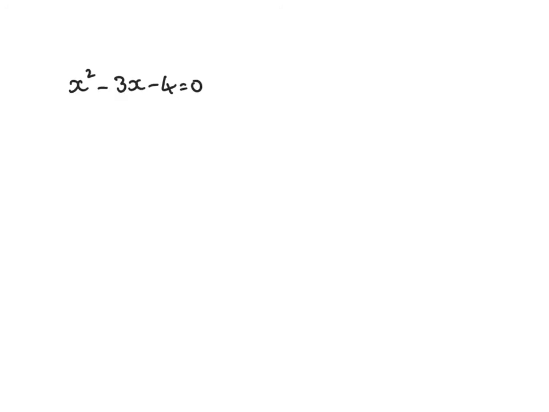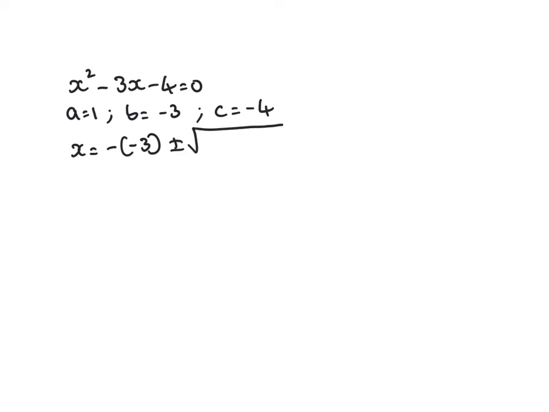So over here, a is 1, b is negative 3, and c is negative 4. So we can apply the quadratic formula: x equals minus b plus or minus square root of b squared minus 4ac, over 2a.